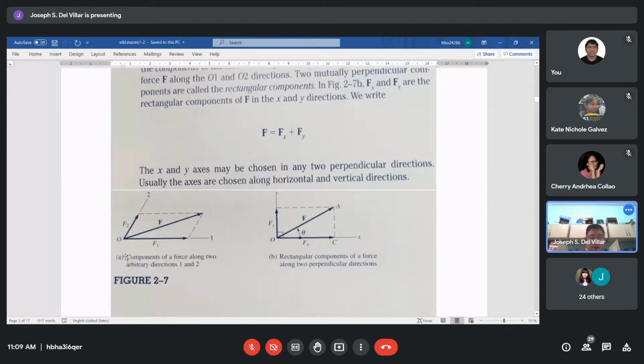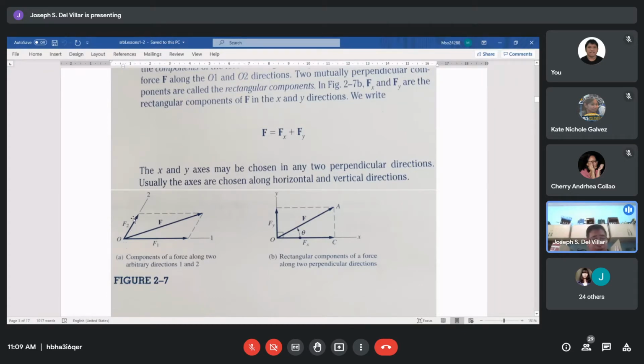So for example, an example of the parallelogram method of getting the resultant. Suppose we are given F1 and F2. Those are the two given forces, and we need to find the resultant of the two forces.